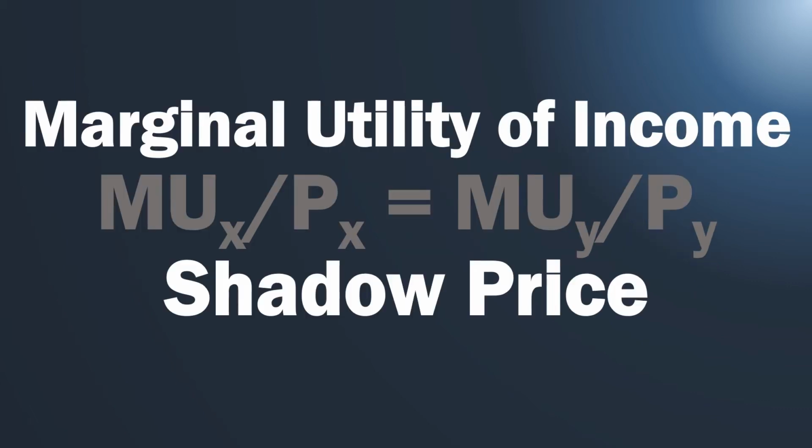The equimarginal principle also gives us what some call the marginal utility of income, or the shadow price. It's basically saying if we got a little bit more income, how much more utility would we get from these various goods? So if we relax our budget constraint just a little bit, how much more utility can we get? That's what we get from this relationship here, the marginal utility of x over the price of x.